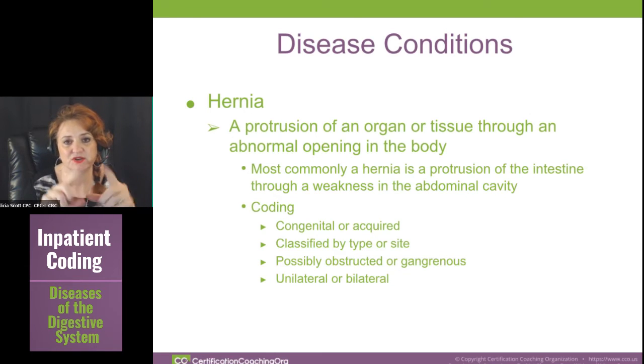That is something that you're going to see in the documentation, as well as in your coding to get to the highest specificity. They want to know what type it is, and the site, the location of the herniation. They also will ask in the coding, and it'll be documented, is it obstructed or does it have gangrene, or gangrenous is what it will be documented. And it'll be unilateral or bilateral because you can have more than one.